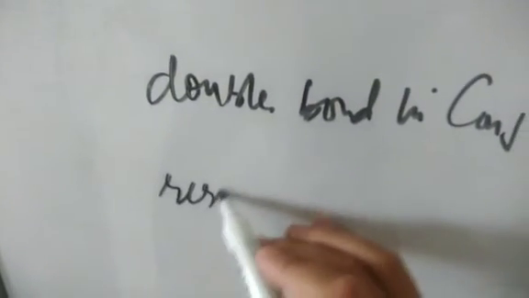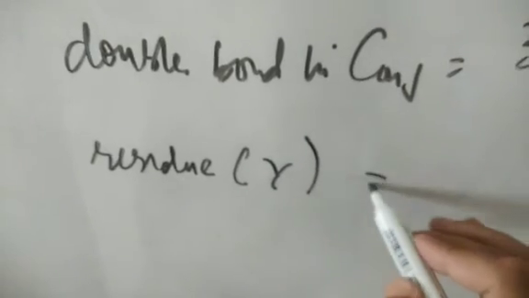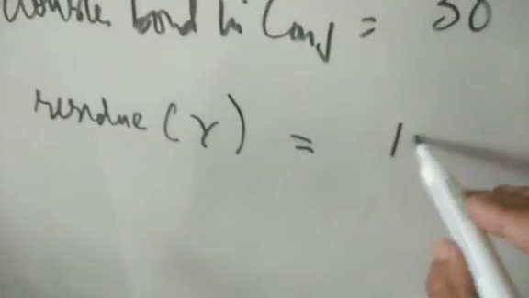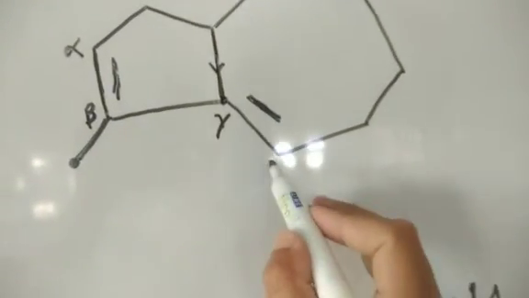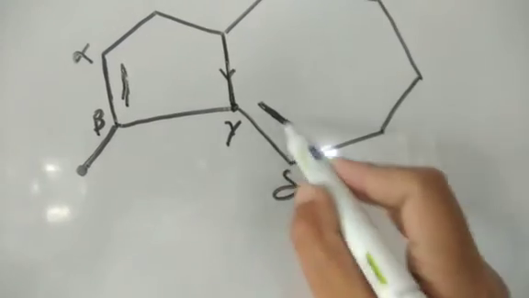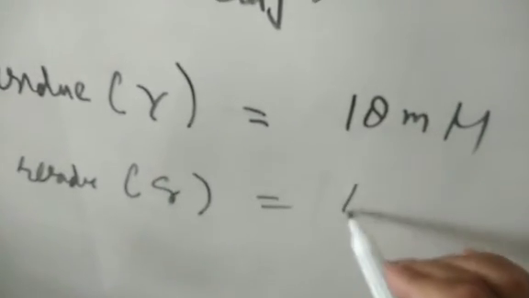So if we have an alkyl residue at the gamma position, the contribution at the gamma position is 18 millimicrons. That's not all, it's becoming a bit complex. Here the delta position is also coming. Now the delta position is a double bond, so here also there is a substituent. So when we have an alkyl residue at the delta position, the contribution becomes another 18.